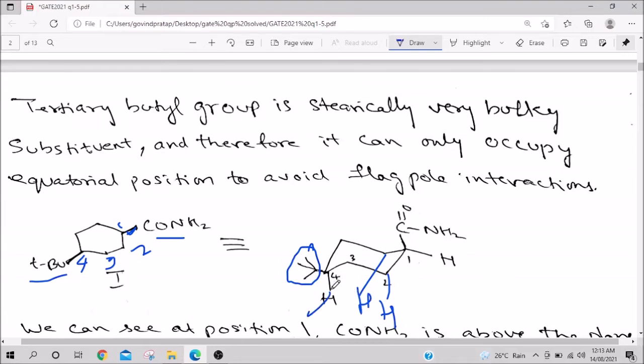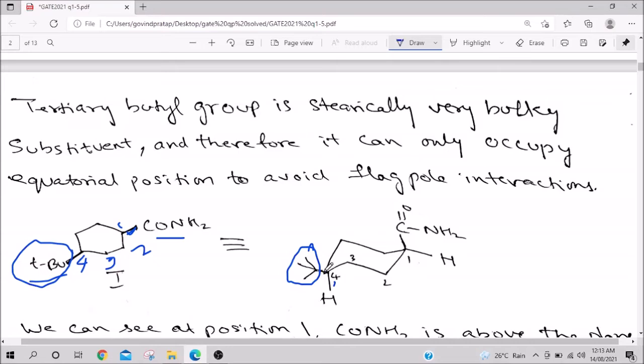So, if tertiary butyl is here, it will interact with this and with this, and create a lot of steric hindrance, and therefore it will not stay in axial position. Unless instead of a carbon you put oxygen here, then there is no hydrogen and no issue, and it can stay in axial position. But if carbon is there, it has hydrogen, and in axial position it faces 1,3 diaxial interactions. So, one thing be sure, whatever happens, tertiary butyl will be in equatorial position.